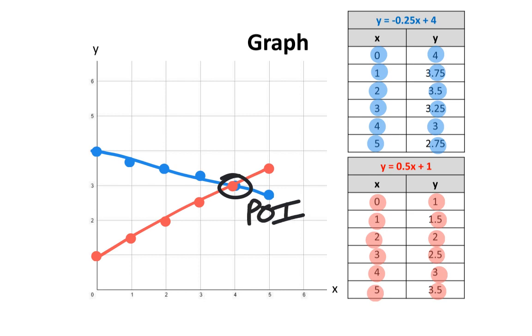The coordinates or address of this point of intersection are 4 and 3, which is the same point of intersection that you found earlier with our table of values. So we found the point of intersection with a graph, with a table of values, and now we're going to use the method of substitution, which involves using equations and algebra.